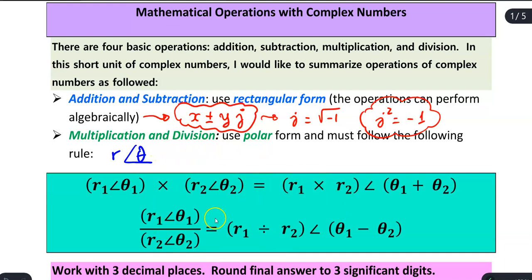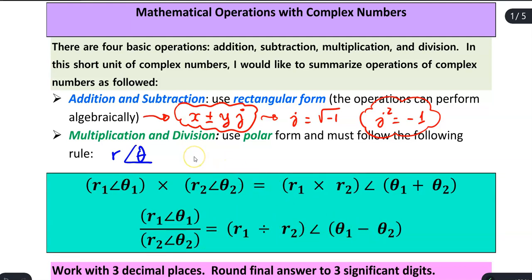So the rules are as follows. If we multiply two complex numbers in polar form, you multiply the two moduli, but you add the two arguments. If you divide two complex numbers in polar form, then you can apply this rule: you divide the two moduli, but you subtract the two arguments.